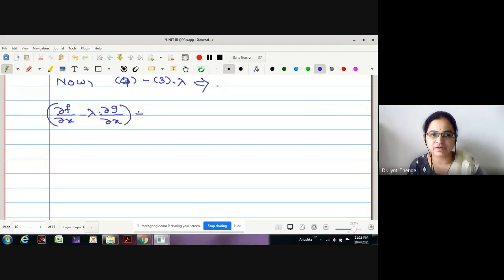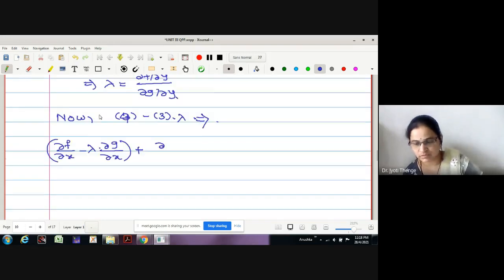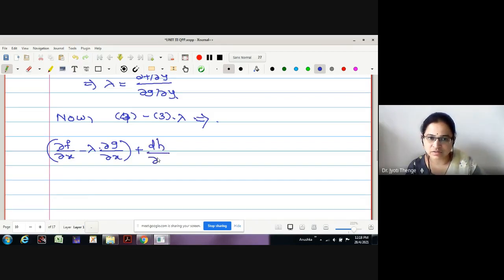Now we take dh by dx common, and we are left with dou f by dou y minus lambda times dou g by dou y is equal to 0.